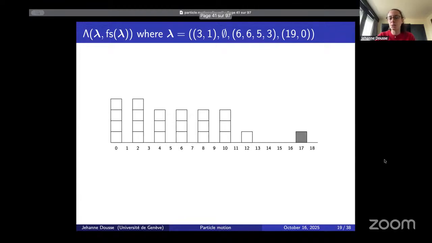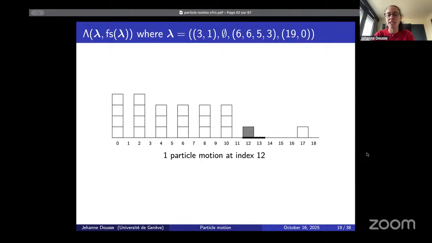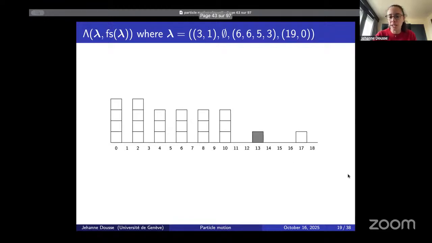I do not write the detail, but when it's just one block and everything is empty on the right, you just move it to the right every time. So you get this after doing 3 particle motions. Then we will do 1 particle motion at index 12, because you have a 1 here. And so you get this partition.